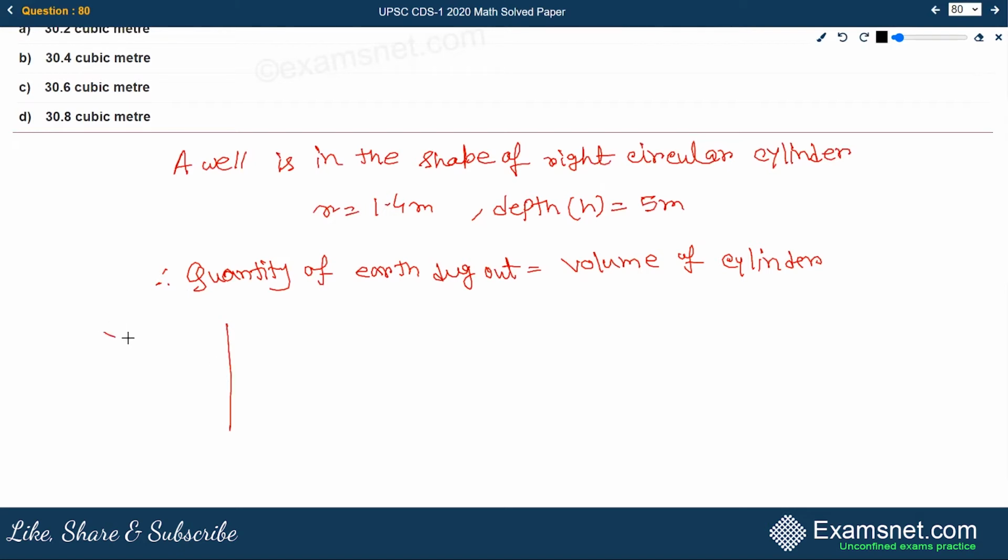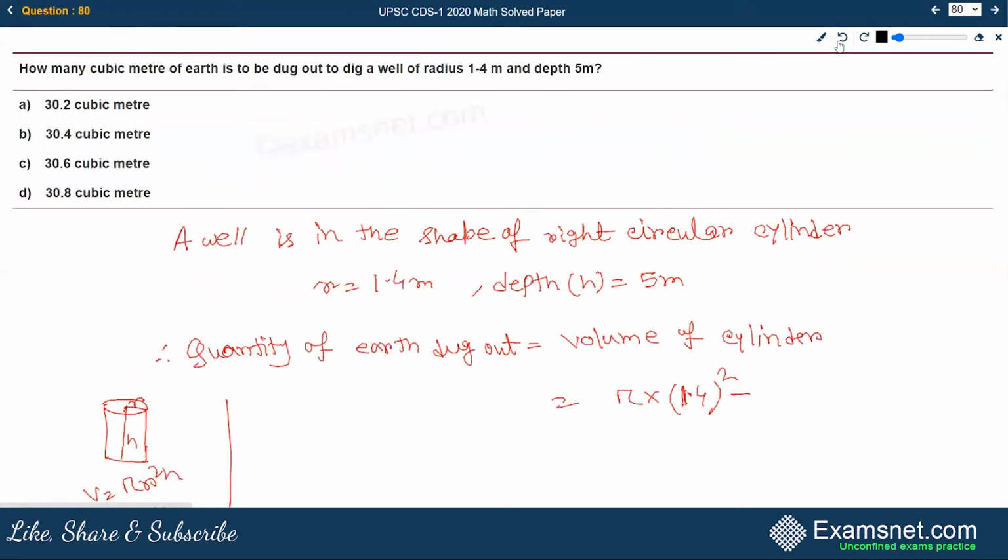If this is a cylinder, with r and this h, the volume is pi r square h. Here we are given r, that is 1.4 meters, and h, that is 5. The quantity of earth equals the volume of the cylinder.